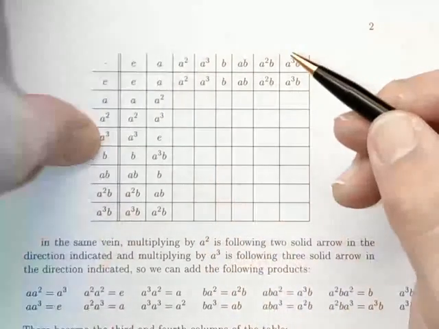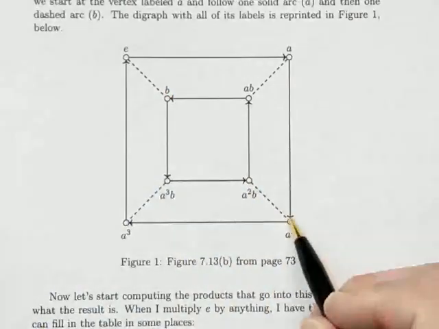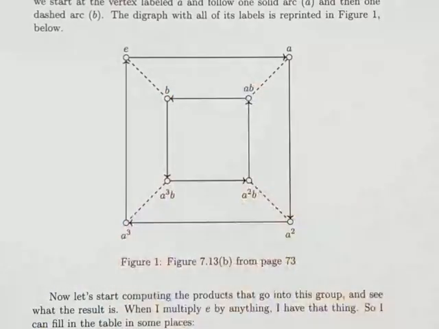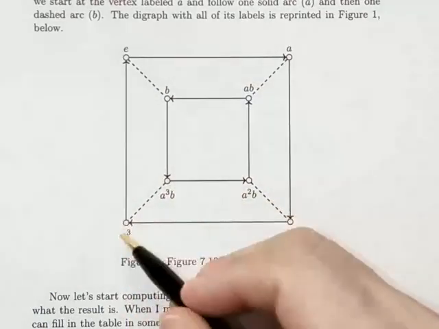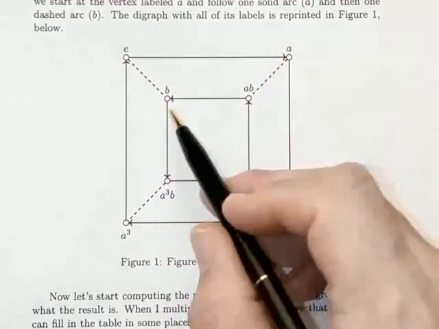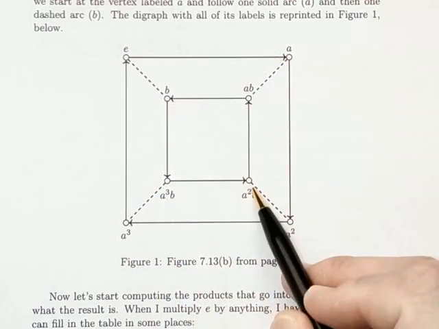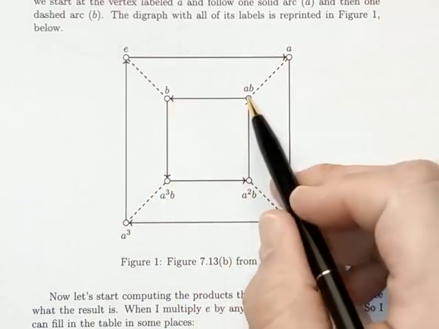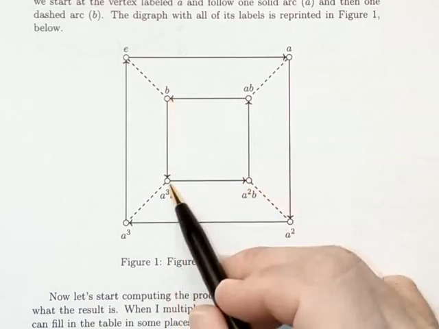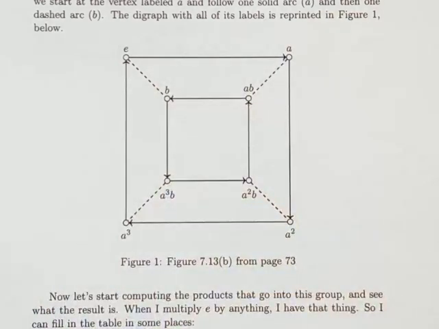Because then I have to follow this twice. I'm at a squared and I go a. I'm at a cubed and I go a. I'm at b and I go a. I'm at AB and I go A. I can figure out my multiplication pattern from here, with a little bit of time.